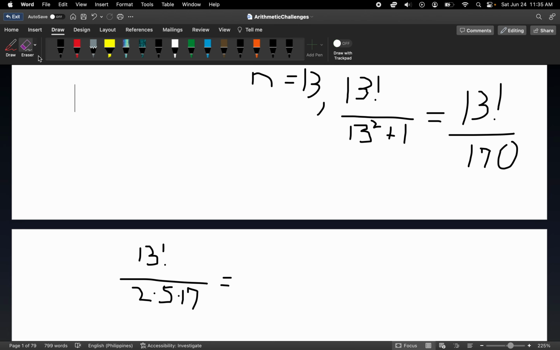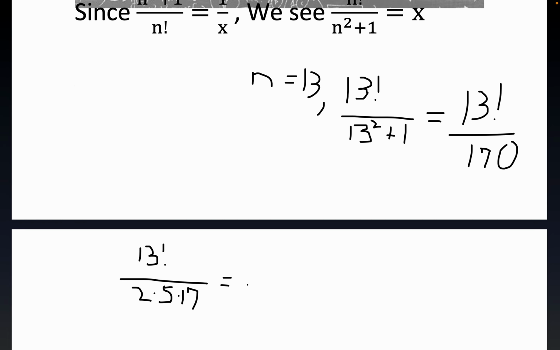Okay, so we'll end up with, what are we going to have here? So the 2's go away, the 1 goes away, and so we're going to have 3. All right, 3 times 4. 5 gets canceled, right? 3 times 4, skip the 5, and then we have 6 times 7 times 8 times 9 times 10, all the way out to 13.